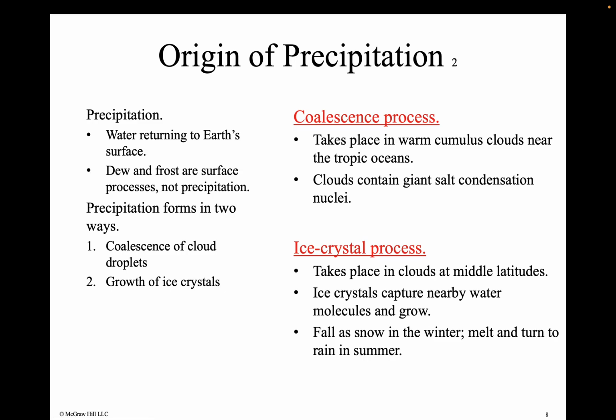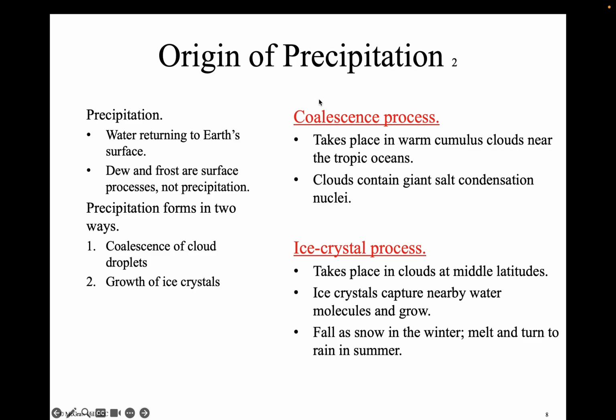I'm sorry. So here, this usually happens as snow during the winter, but also during the summer if that water reaches these high altitudes in the atmosphere. Because it's summer, that water can melt when it's falling down and will fall as rain during the summer. Okay, so precipitation can happen through those two processes.